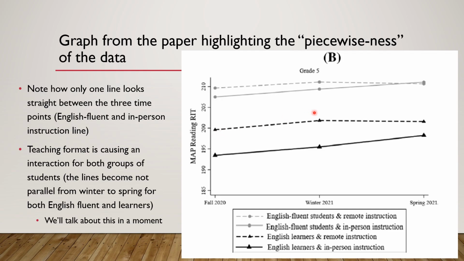And so they need to capture that they did have a positive rate of change from fall to winter, but then they had a neutral to negative rate of change, depending on which group you're looking at, from winter to spring. So the piecewise essentially lets them have an equation that represents this part of the line, and then another equation that represents that part of the line. So it's better fitting their data to the behavior that they're seeing, rather than trying to make their data fit a particular model, like just a linear model.